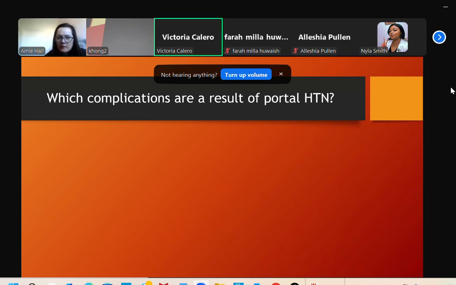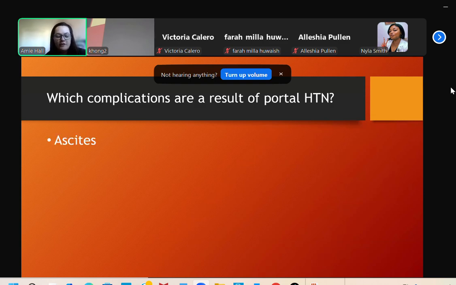Accumulation of fluids. Okay, so ascites is one of them. The portal hypertension is going to cause the backup of fluid into the abdominal cavity for multiple reasons that we talked about.